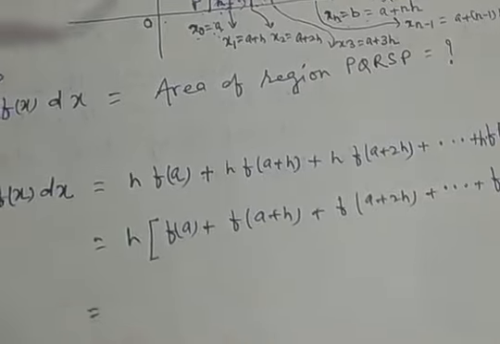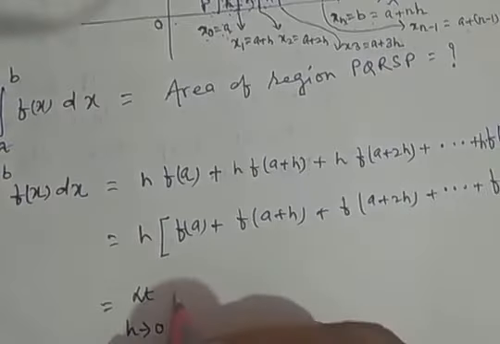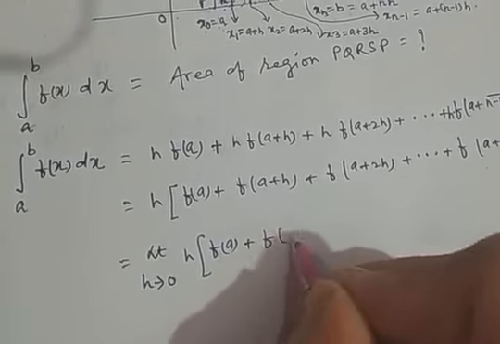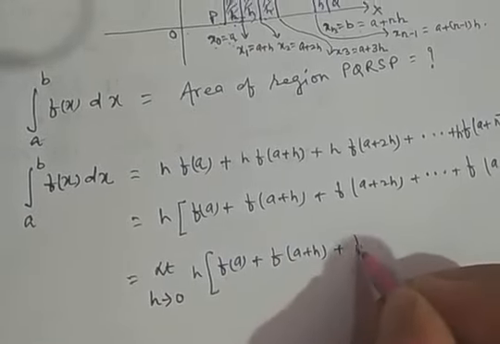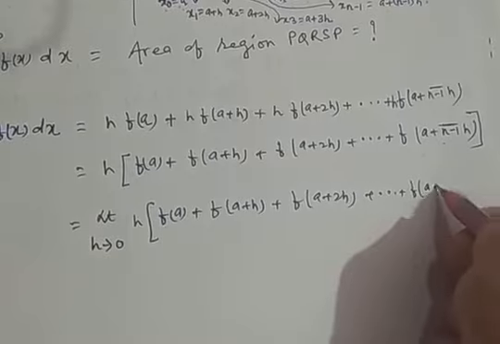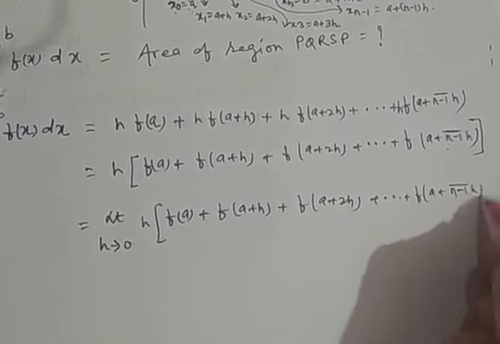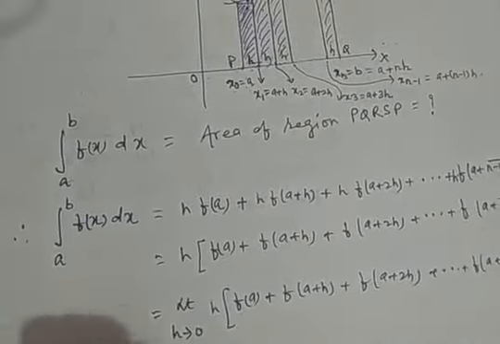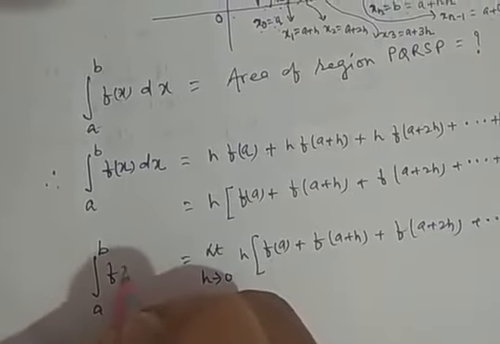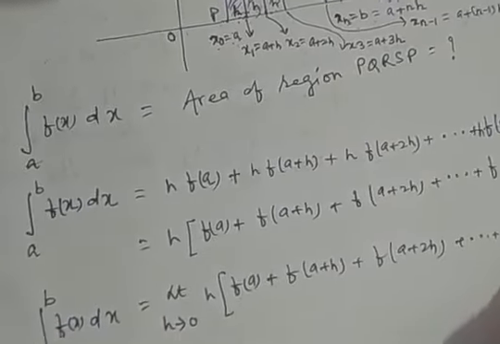So here we will take the limit as h tends to 0 of h into [f(a) + f(a + h) + f(a + 2h) + ... + f(a + (n - 1)h)]. So the integral from a to b of f(x) dx is equal to this.